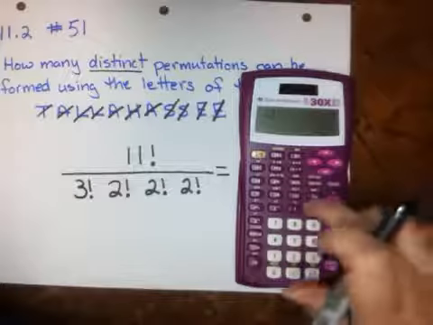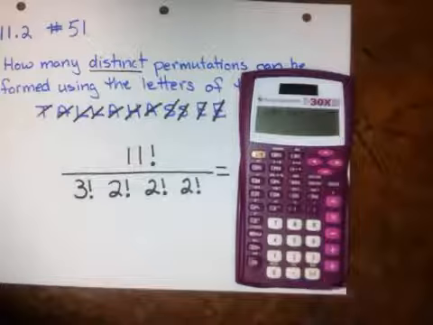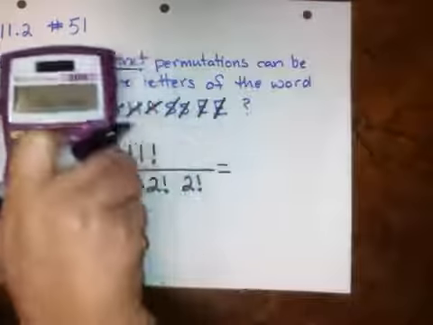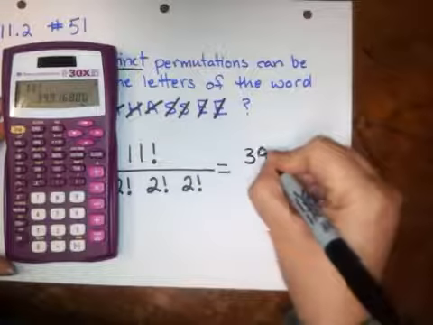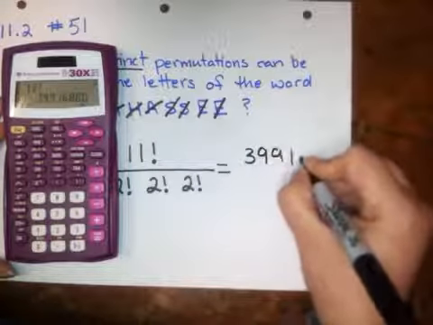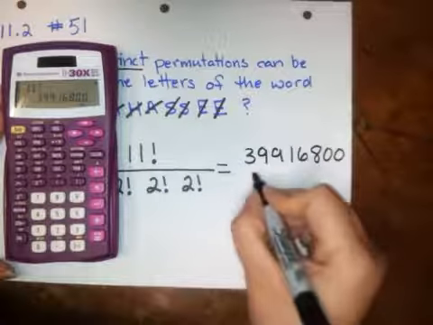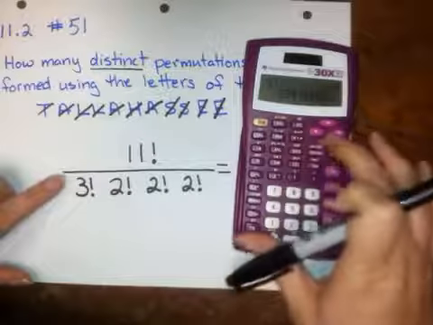And remember, factorial is under the probability button, arrow over to the exclamation point, and you get factorial. 11 factorial, holy smokes, that's a big number. That's 39,916,800.